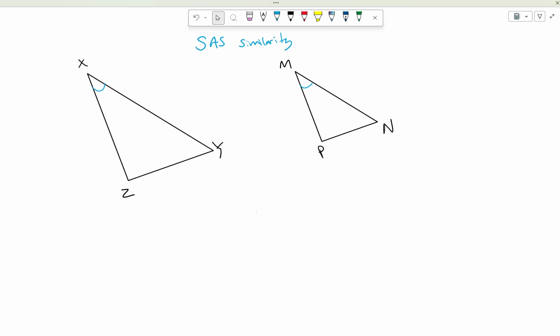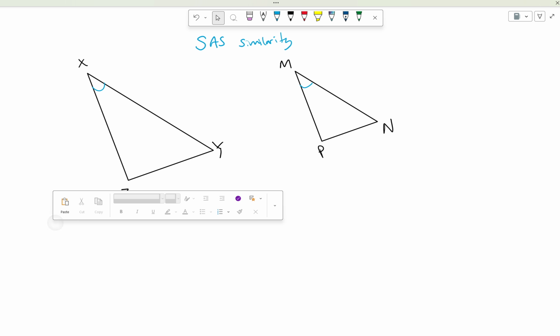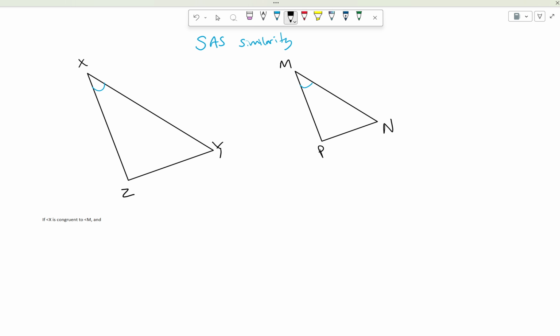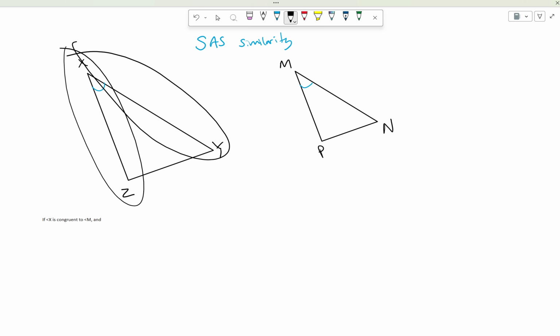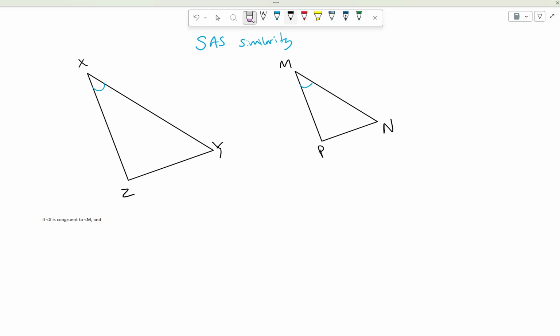All right. So here's how we could determine this. If, this is our SAS similarity, if angle X is congruent to angle M, which it is, and then we have another thing, that we'd have to make this side and this side correspond, right? Where the angle X is going to be included or sandwiched in between.